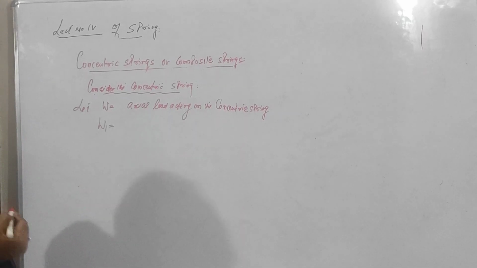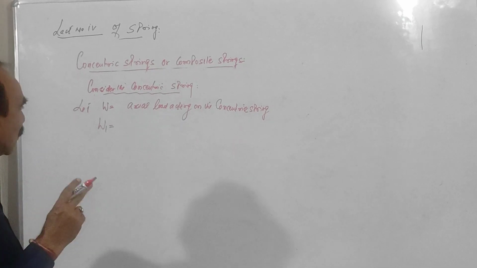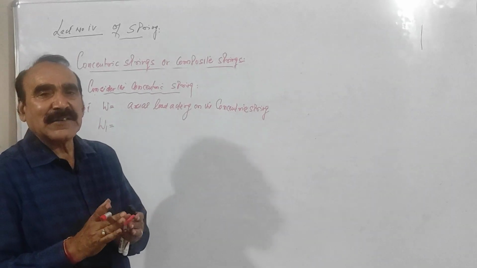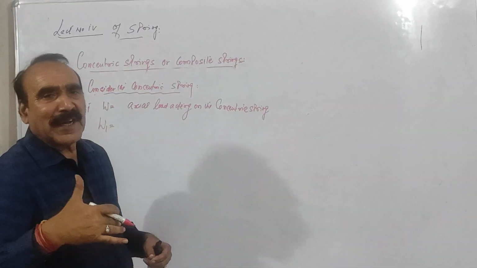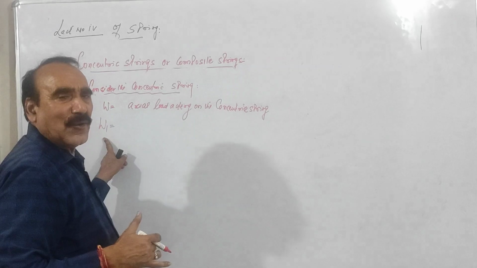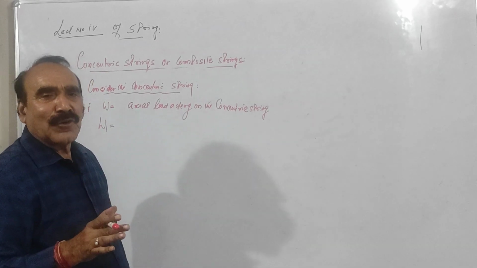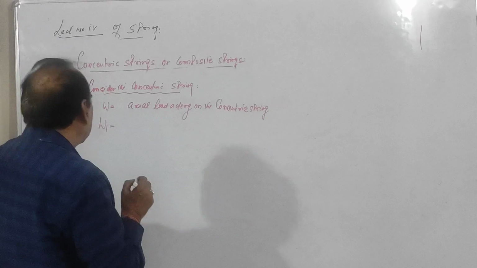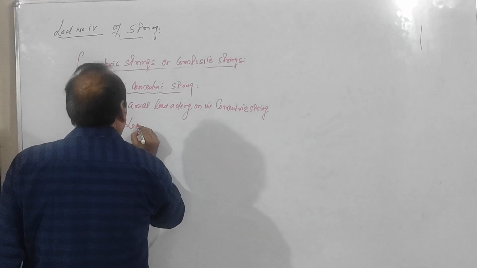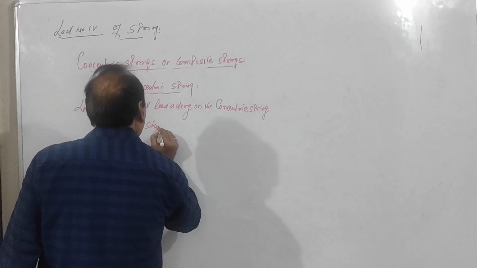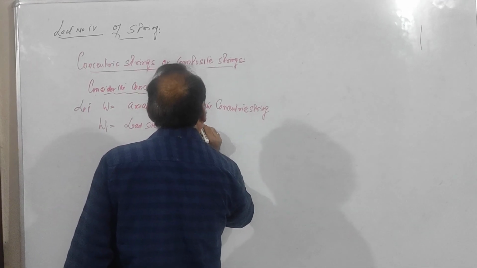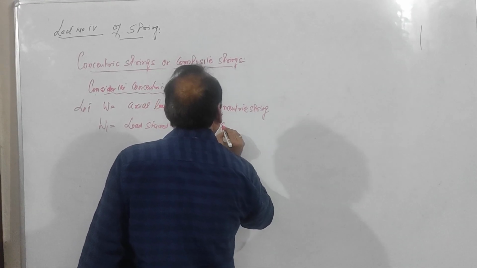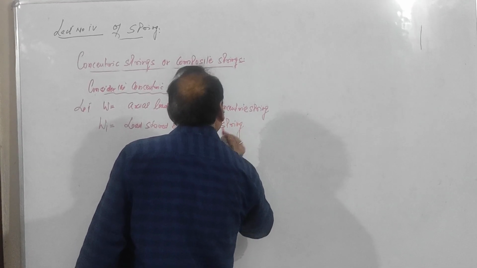So W1 is the axial load shared by the outer spring, or you can say the axial load acting on the outer spring, right? W was the total load acting on the concentric spring, so W1 is the axial load shared by the outer spring. So you can say load shared by the outer spring, right?